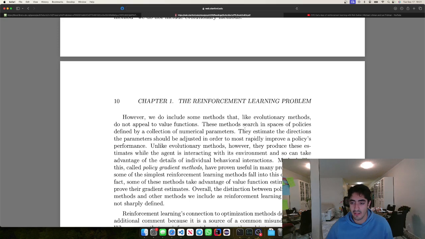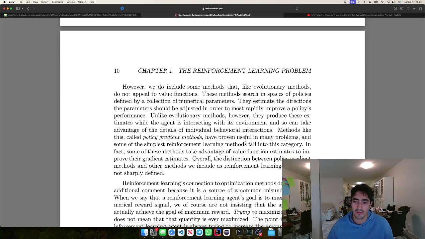They estimate the directions the parameters should be adjusted in order to most rapidly improve a policy's performance. Unlike evolutionary methods, however, they produce these estimates while the agent is interacting with its environment, so they can take advantage of the details of individual behavioral interactions.